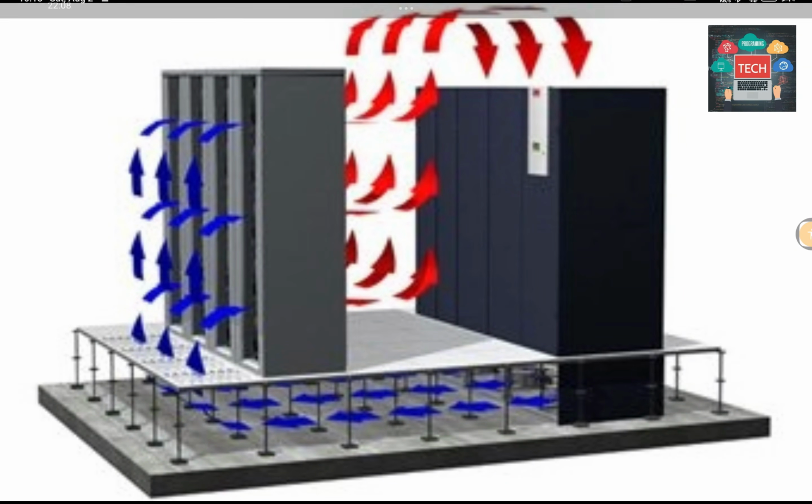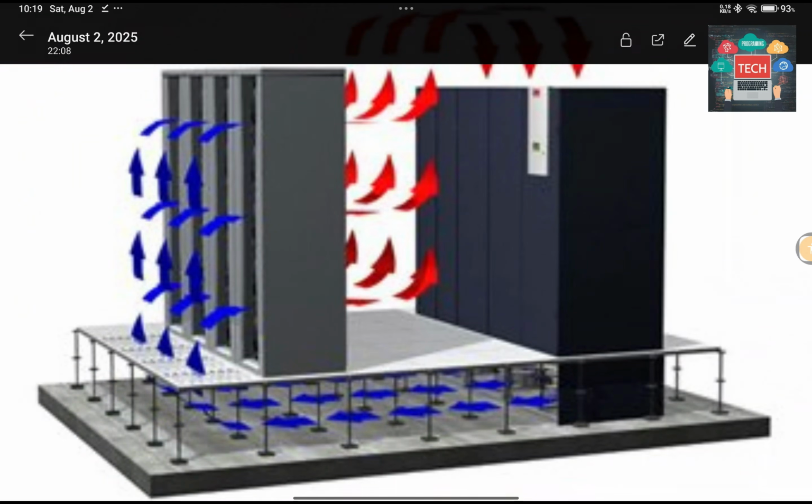It works like this. This is the hot and cold aisle system. In the blue line you can see the cooling air going, and on the back side the red arrow is the hot air.